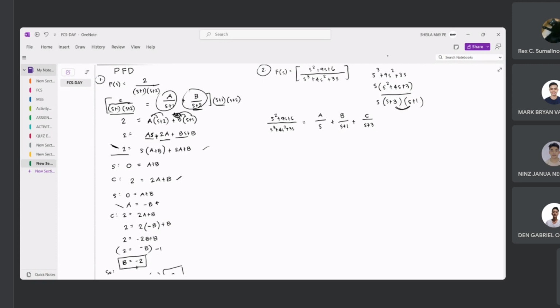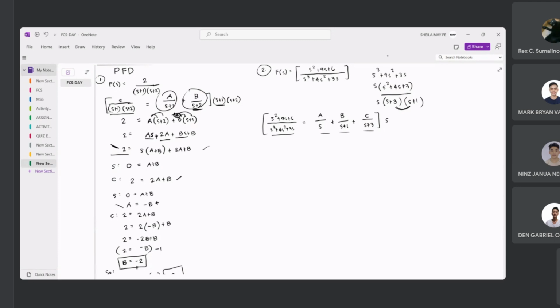Okay. So for this one, multiply the whole equation. You can either write this one, class, or write the three factors the moment you multiply.